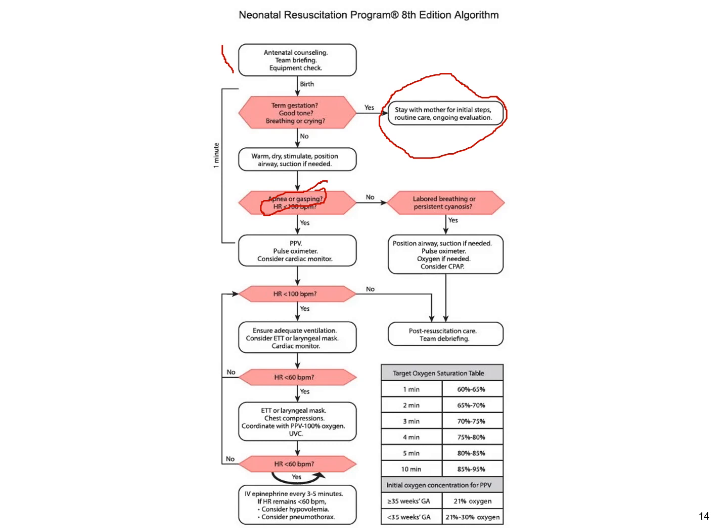So now we're down here to this section, heart rate less than 60. No, then we can go back up and we're trying to get our heart rate up to 100, so we'll keep bagging. If we are yes, we intubate the baby and we start chest compressions. Once we start chest compressions, we also need to get venous access.